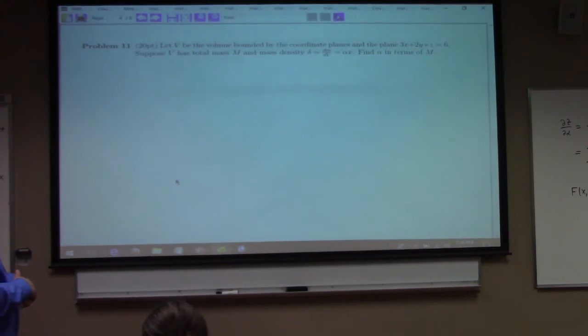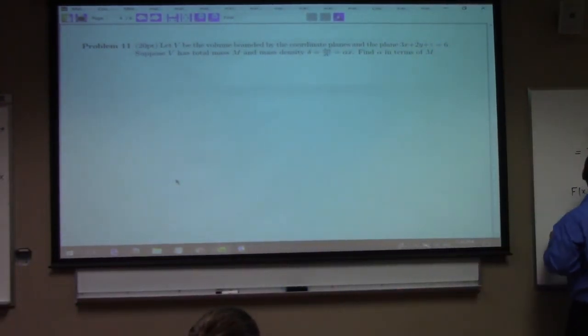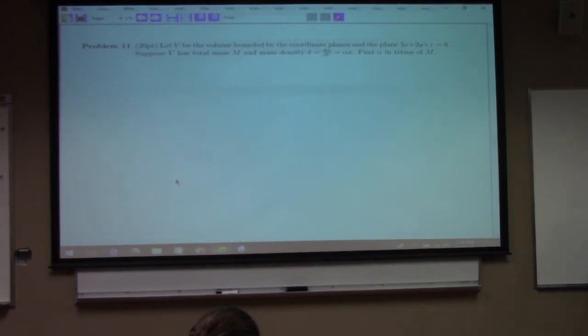So what would you have to do? What do you have to do basically here? You have to integrate. We're asked to do the integration of what? So we need to take the triple integral over the shape, I'll call it E, of dm, right?